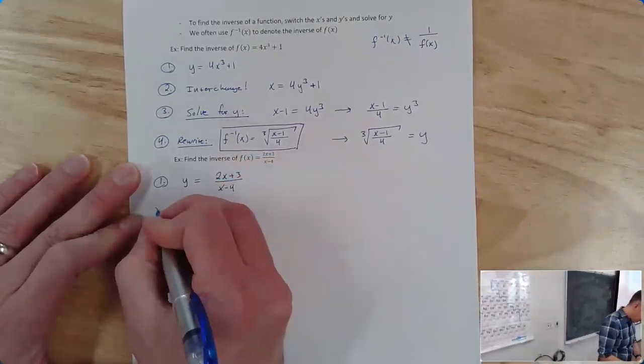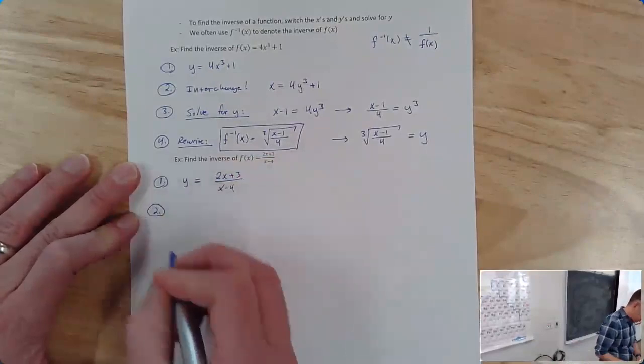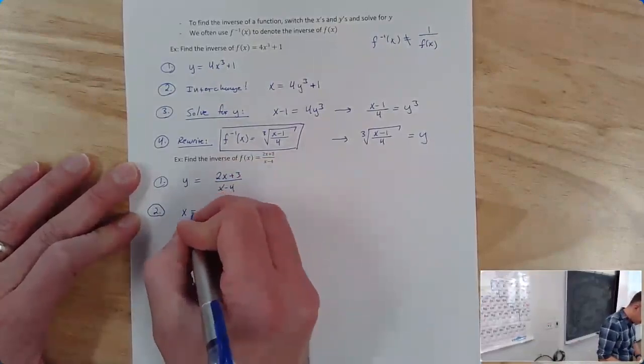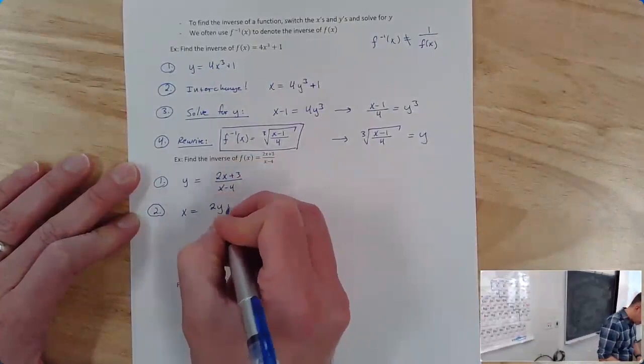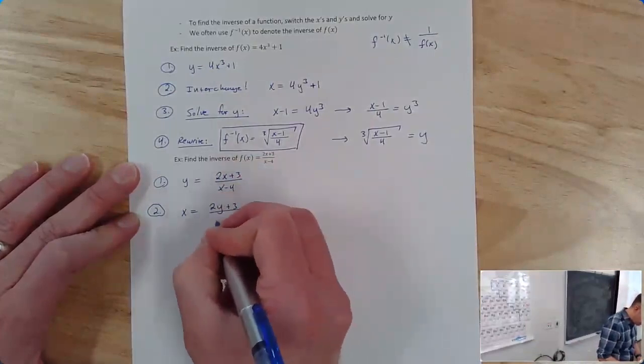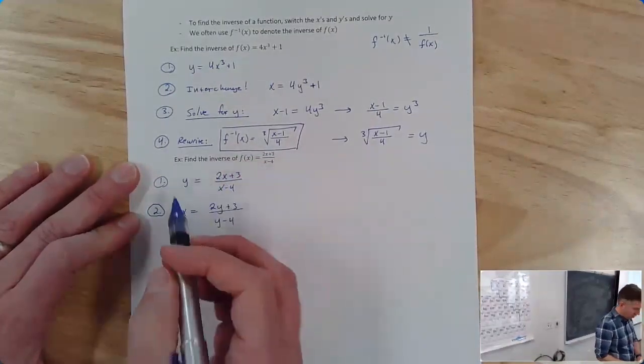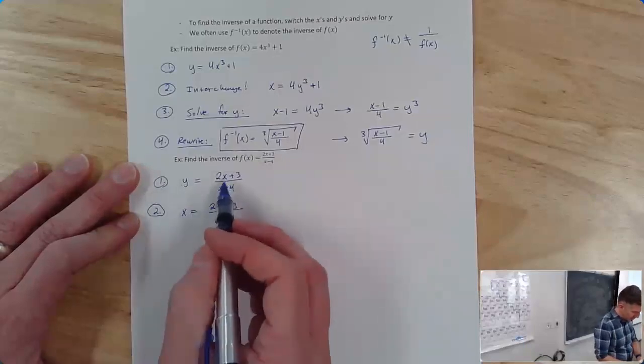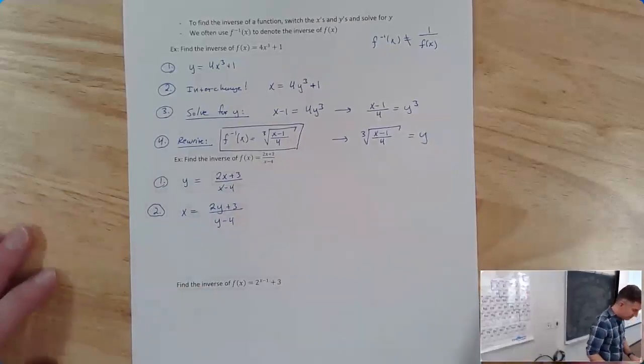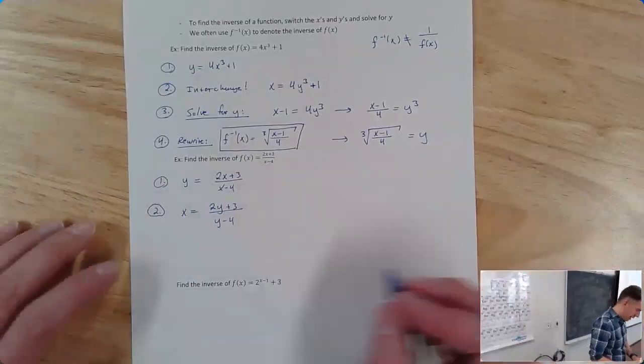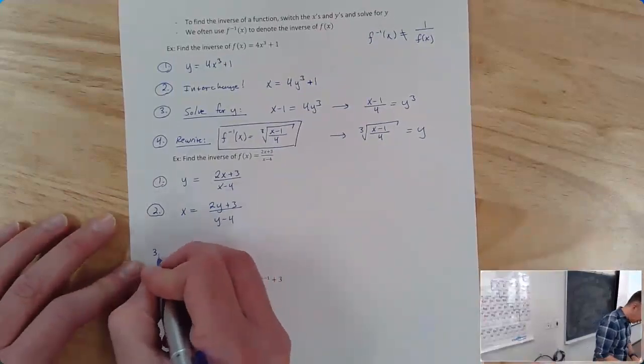And then the all-important step of interchanging x's and y's. So x equals 2y plus 3 over y minus 4. So all the y's become x's, all the x's become y's. Okay, now the hard part. We got to solve for y.